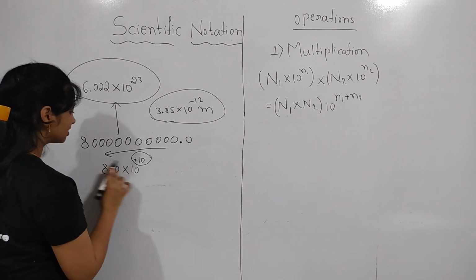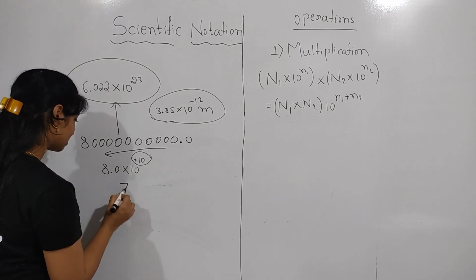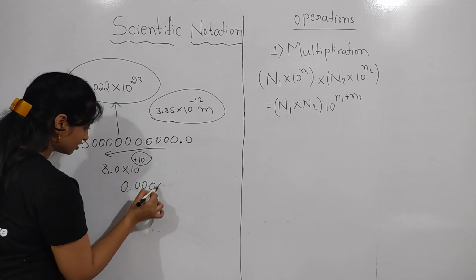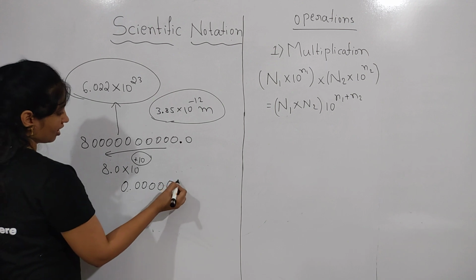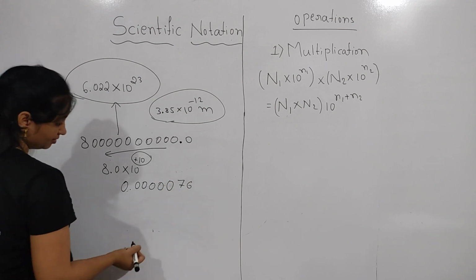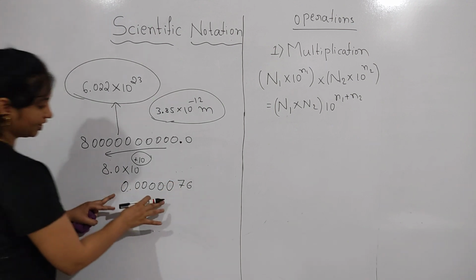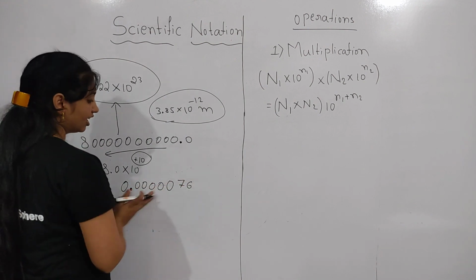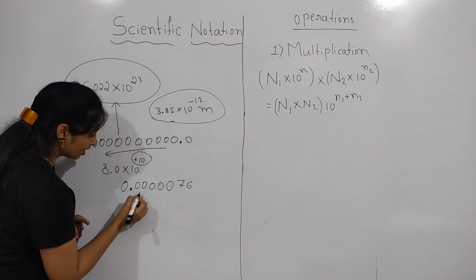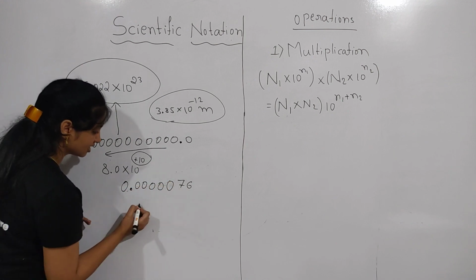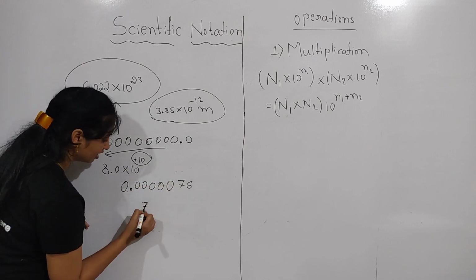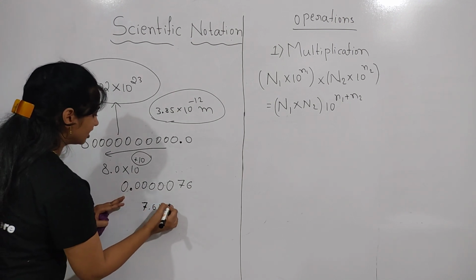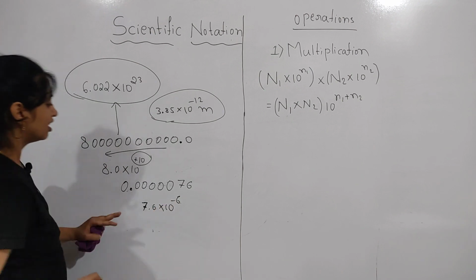Next, I wish to take another example. 0.000076. So how do you write here? I shifted this decimal point towards the right side of this number. 1 2 3 4 5 6. I shifted 6 digits, 7.6 into 10 raised to minus 6.